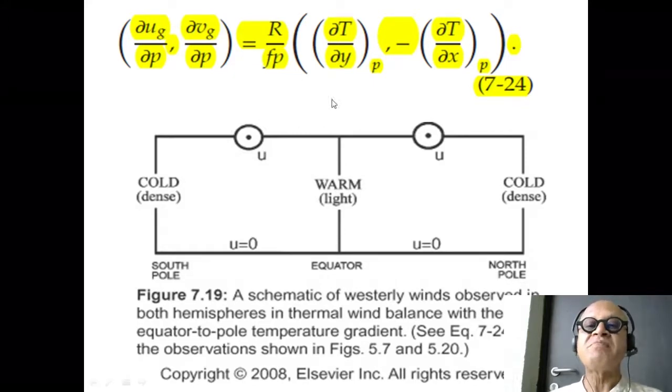Using our thermal wind balance, we said geostrophy has to be modified to create these geostrophic shears, which gave us this vertical structure of zero winds at the surface because of friction and strong winds in the upper atmosphere, the jet streams, right?